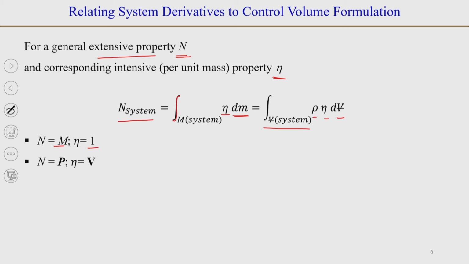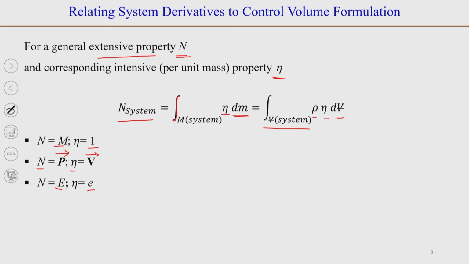If we are talking about momentum of the system, which is a vector quantity, so the extensive property N is momentum P, then the corresponding intensive property eta will be P by m, which is basically the velocity vector. And if N is equal to E, which is the total energy of the system, then the corresponding intensive property, as we also saw in the previous slide, will be the specific energy small e.